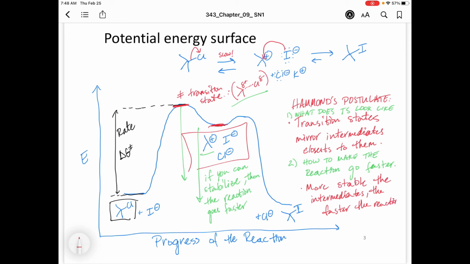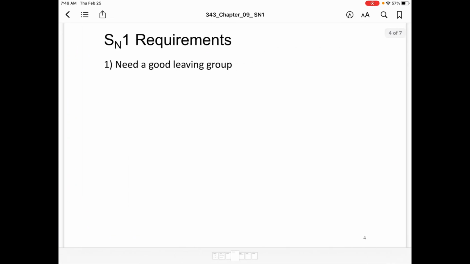Okay, cool. Let's go through some requirements for SN1 reactions. You need to have a good leaving group. And we saw that in our first example there. What are good leaving groups?